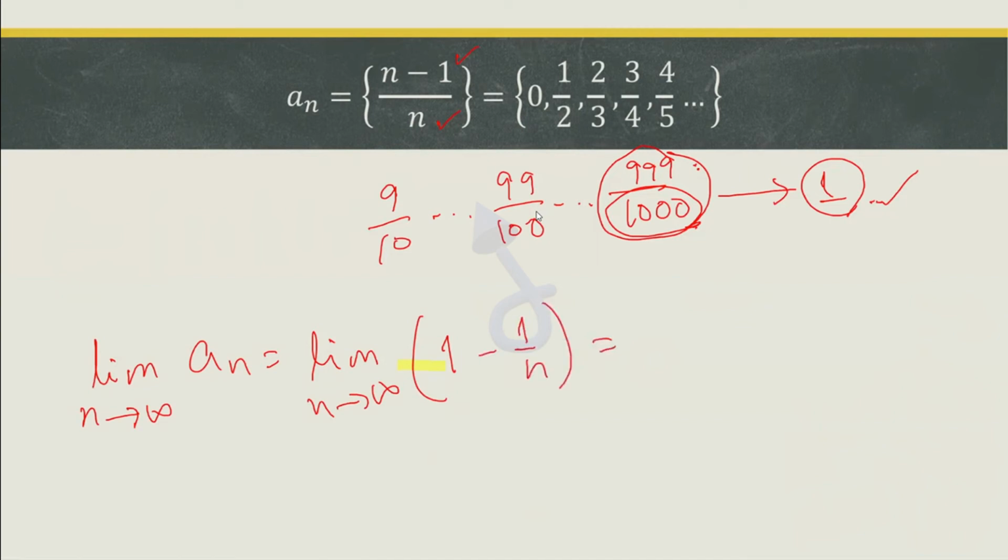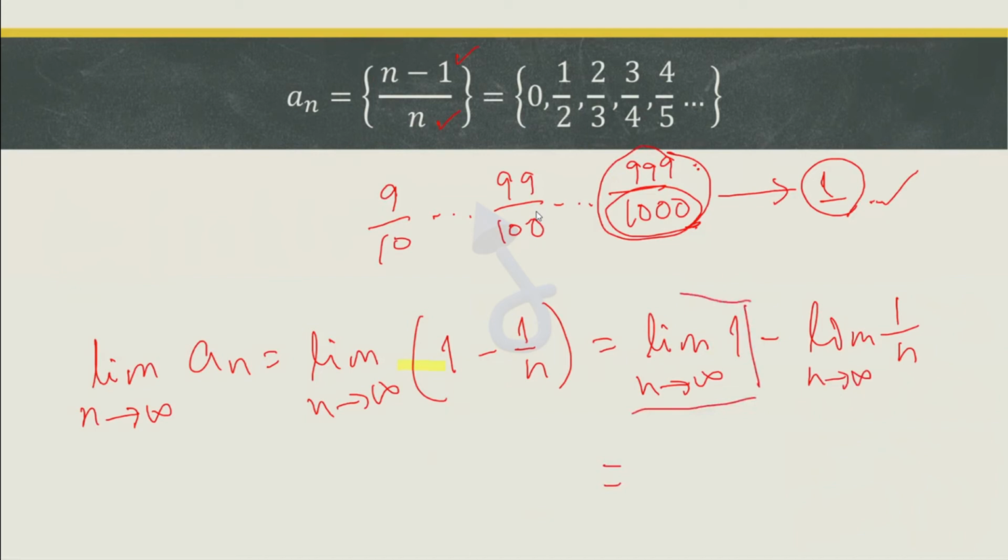And now we can get the difference of limits, which is just as follows. And again, we know that this term here is independent of the value of n. This will always be 1 because it is a constant term. And so we have 1 on this part.